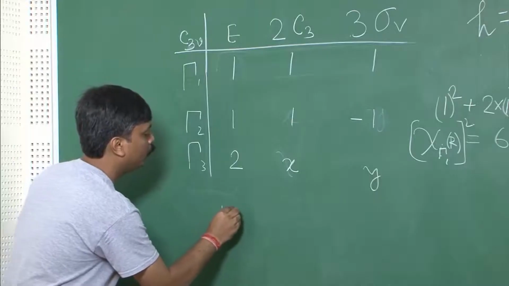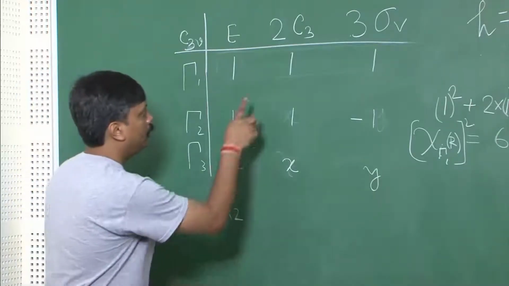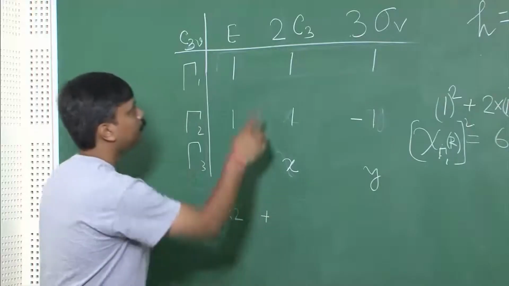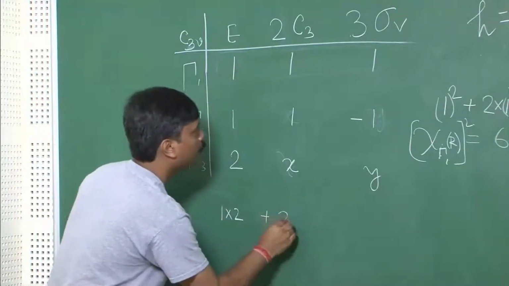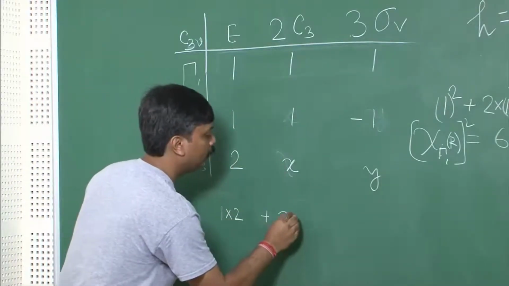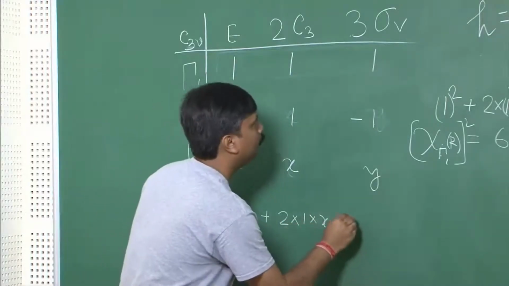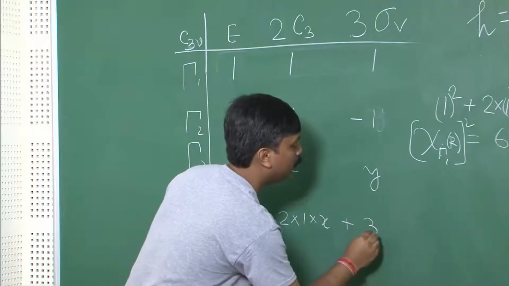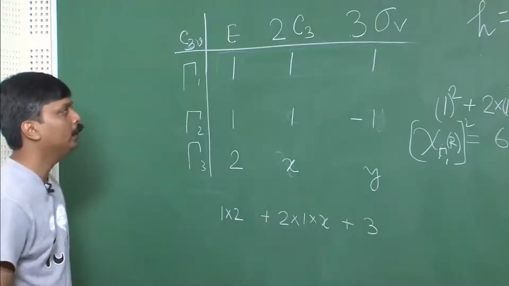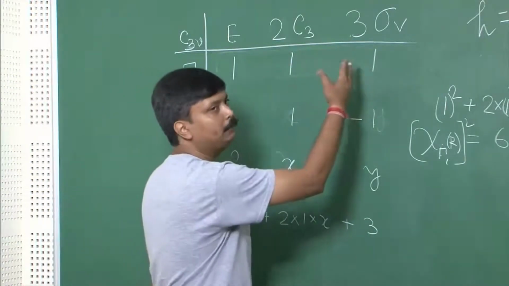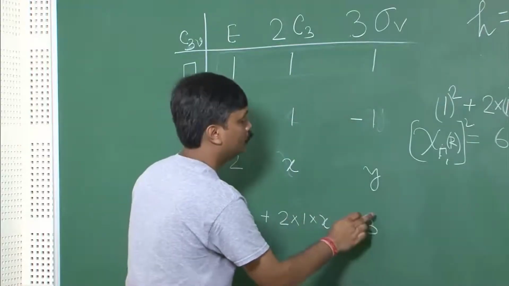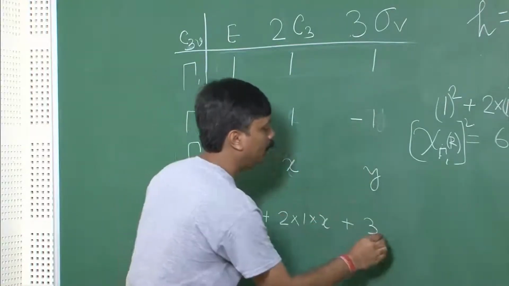So what I get is 1 into 2, plus 2 into 1 into x, plus 3 into 1 into y. Here the 2 and 3 are coming from the total number of elements present within a class, correct.